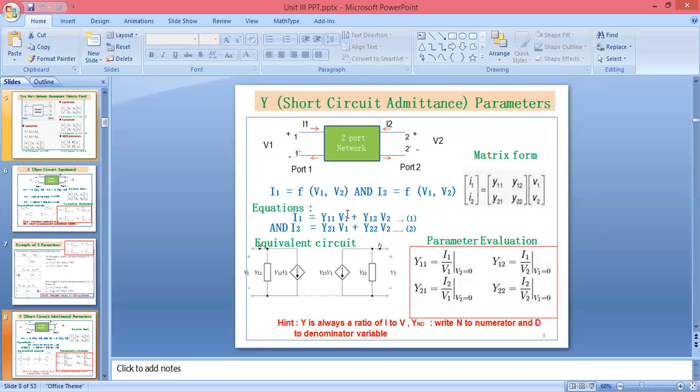We can write these equations in matrix form. As we have two ports, we take a 2 by 1 column matrix for the currents, a 2 by 2 matrix of Y11, Y12, Y21, Y22, and again a 2 by 1 matrix for voltages V1 and V2. If you solve this, you will get the same equations.